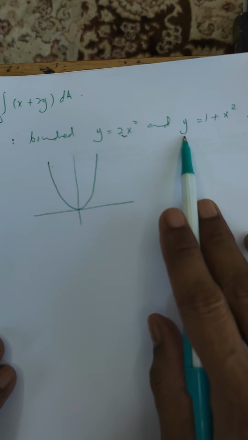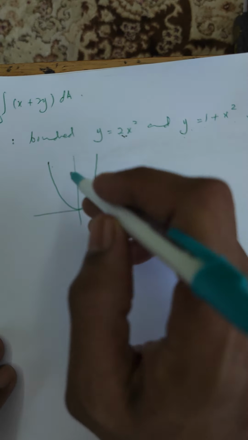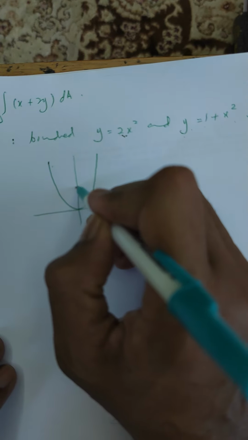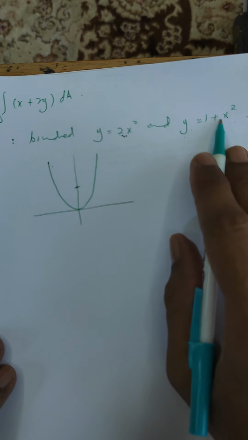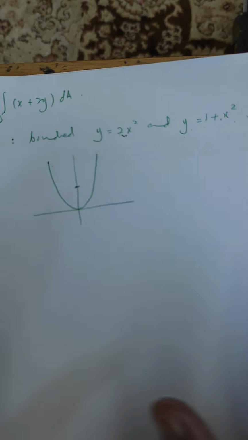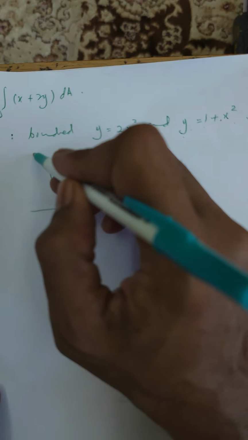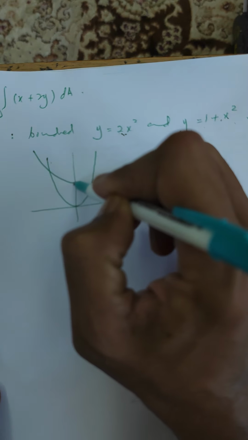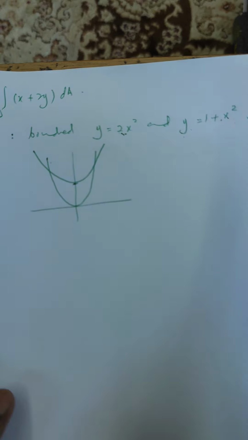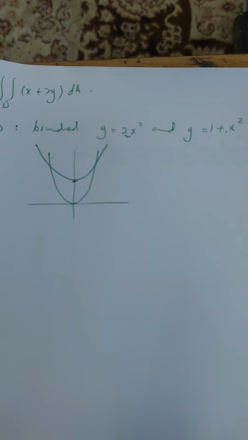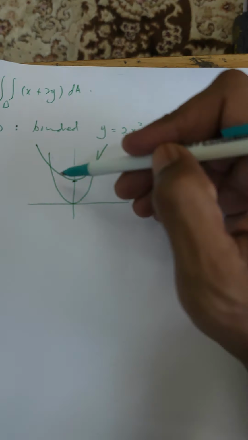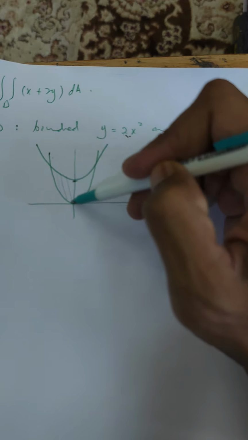The other one is y equal to 1 plus x squared, so you have 1 here, x squared, and a constant of 1, so you have a wider opening, something like that. Now this is your D.